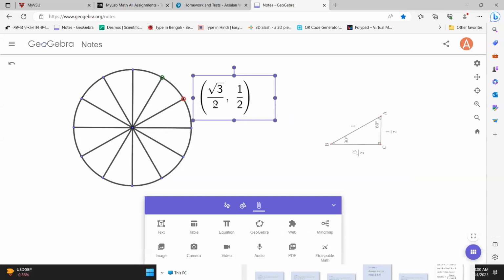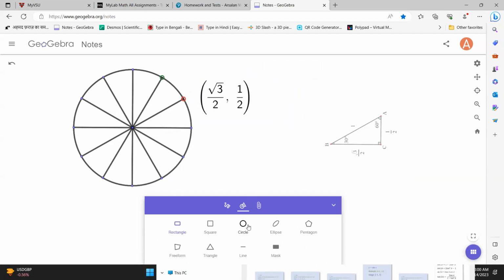We use the same circle for 30 degrees and 60 degrees. So put this here. This pink point.